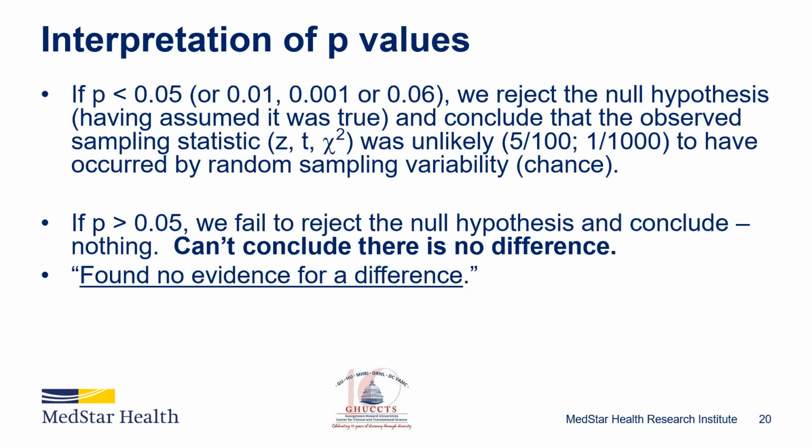Because if you don't find a difference, the interpretation is that you probably didn't have a large enough sample size to detect the difference that actually exists. Even though it's commonly used, technically you can't say there is no difference. The best you can say is that we found no evidence for a difference.